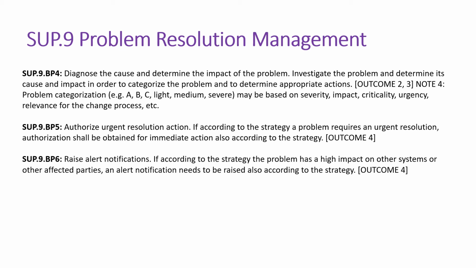So BP6, base practice 6, talks about raise alert notifications. If, according to the strategy, the problem has high impact on other systems or other affected parties, an alert notification needs to be raised according to the strategy.